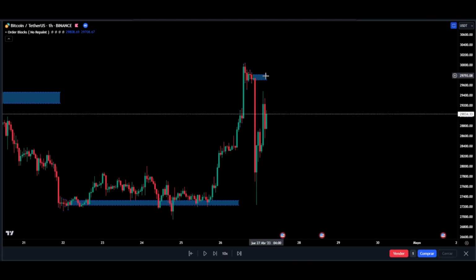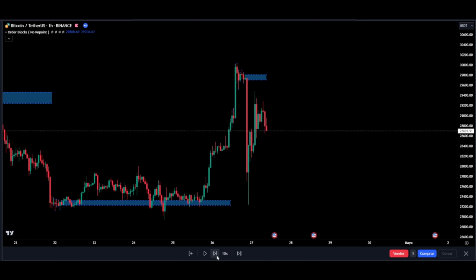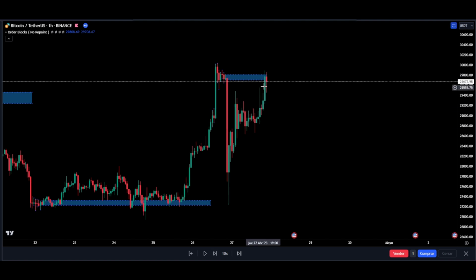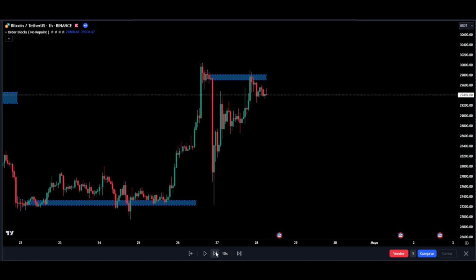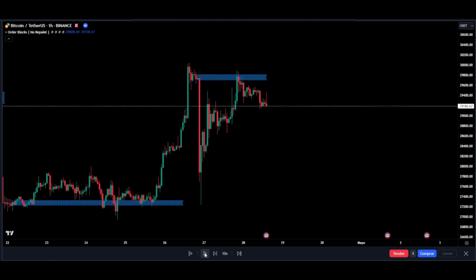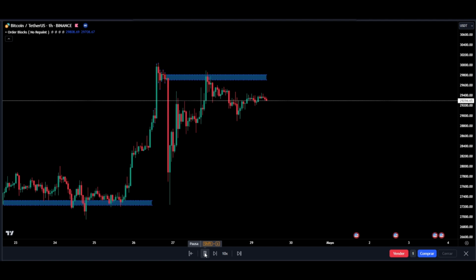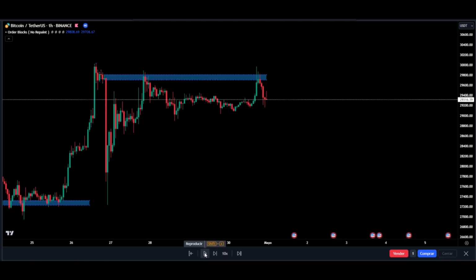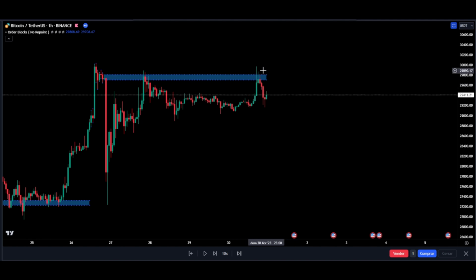And now, after a few candles, we see the order block area has appeared again. And this means that at this level, there are many pending sell orders. Here, we see a clear rejection, and we see the candles bouncing down. And here we see a repetition of this rejection, and also the price bouncing down again.